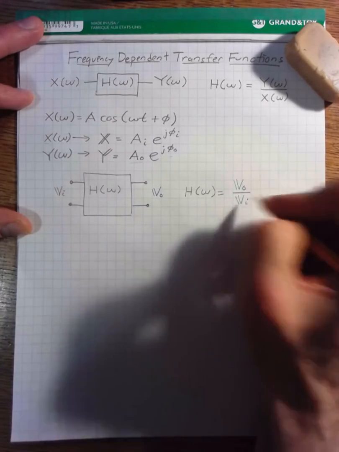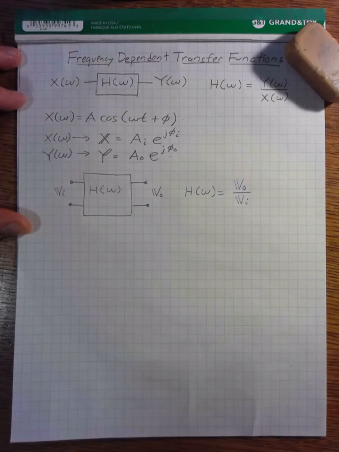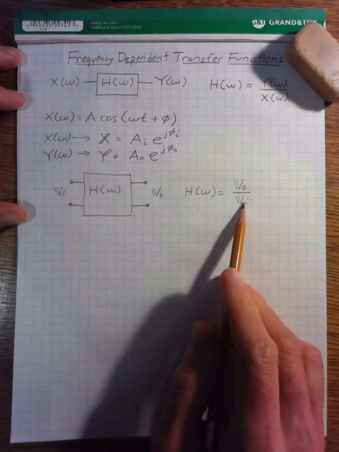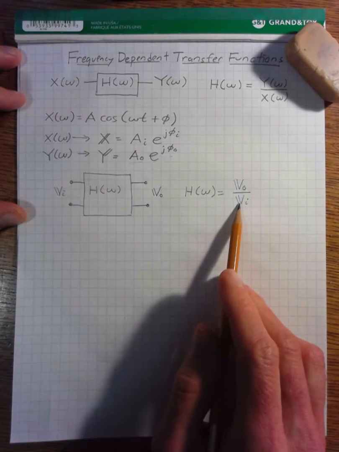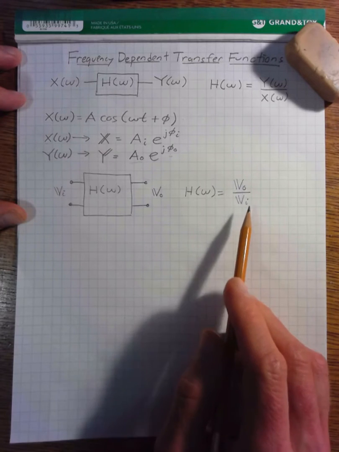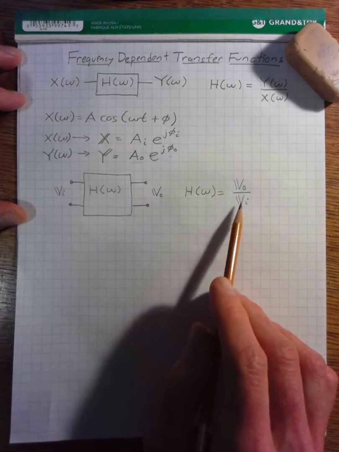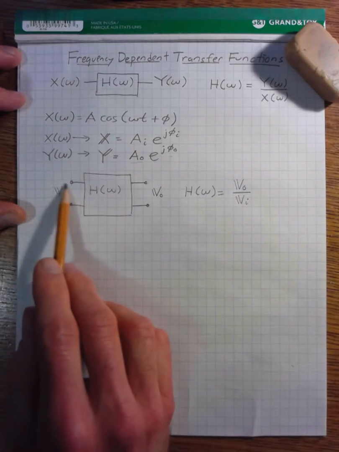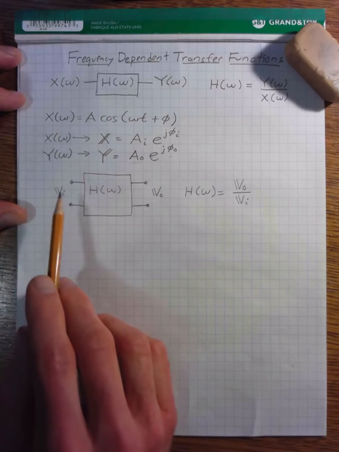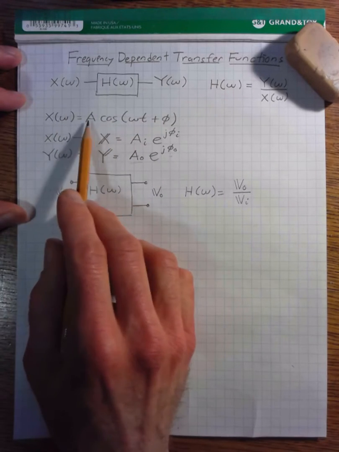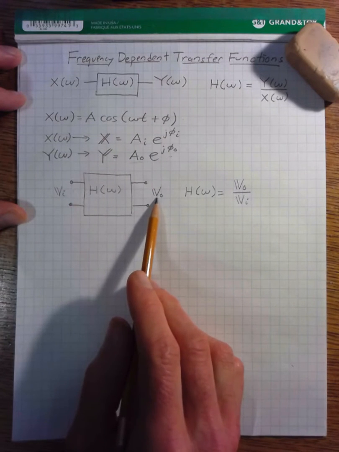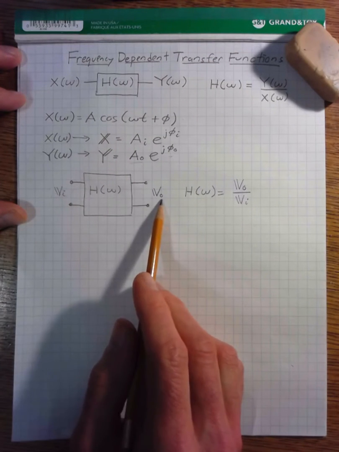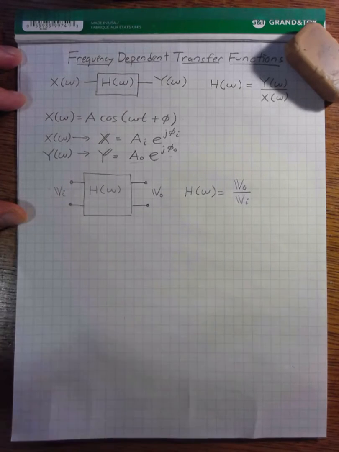So basically exactly the same as when we were working with Laplace transforms, except now, rather than signals that have been Laplace transformed into the s domain, we're dealing with phasors, right? So our input voltage will be a sinusoid with a certain amplitude and phase represented by a phasor V_I, and our output will also be a sinusoid with a certain amplitude and phase.